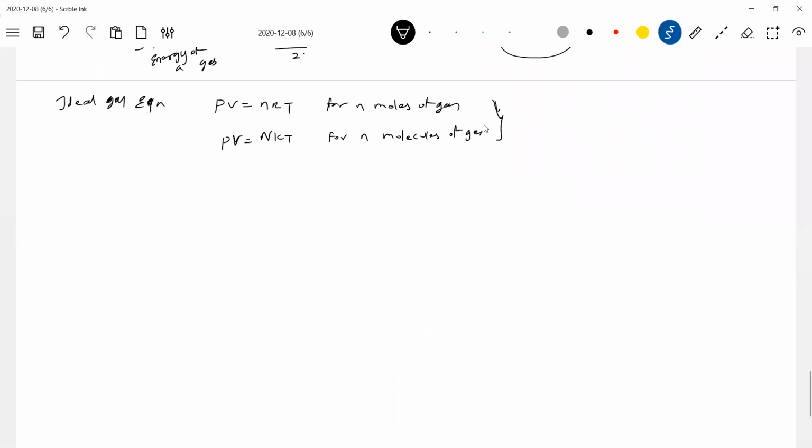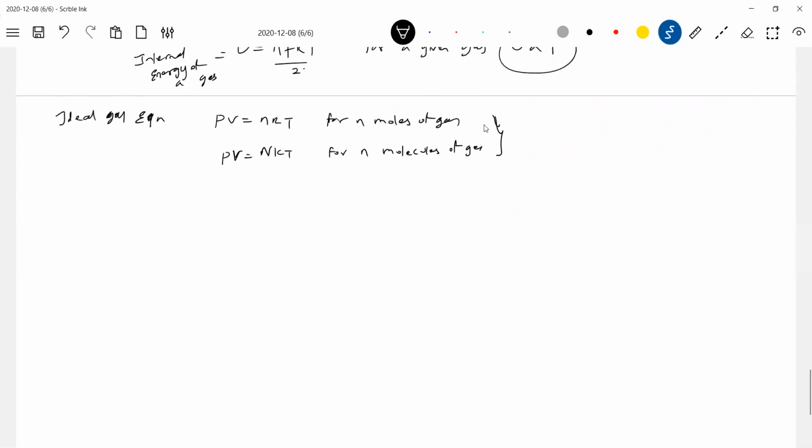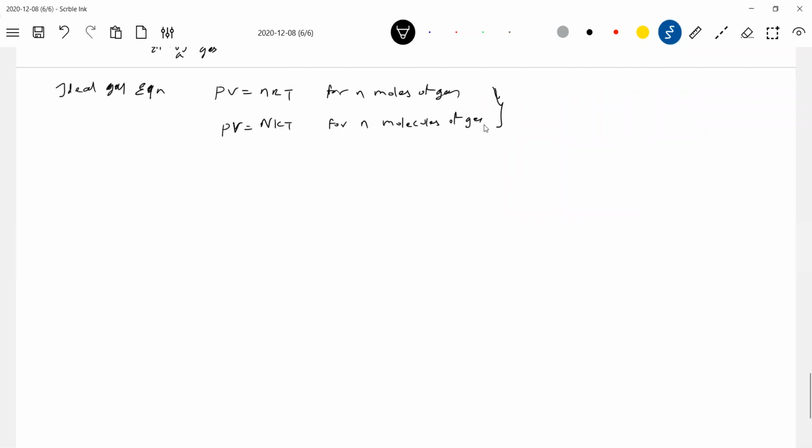So let me go for the rate of collision idea. Now if I mix up, the degree of freedom, so different types of gas will categorize here: monoatomic gas, diatomic gas, then triatomic gases.